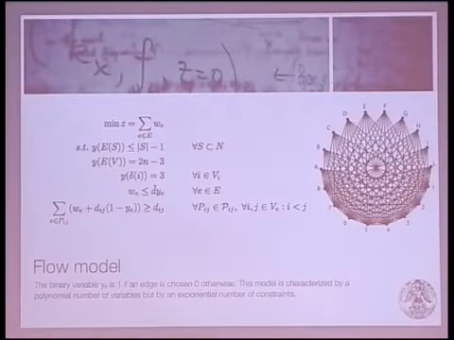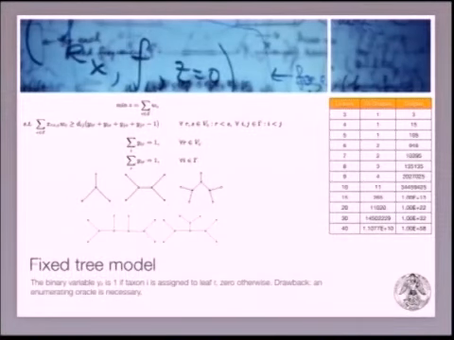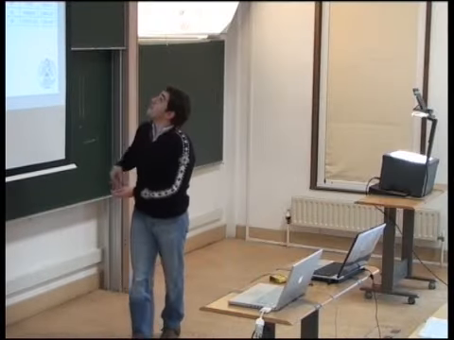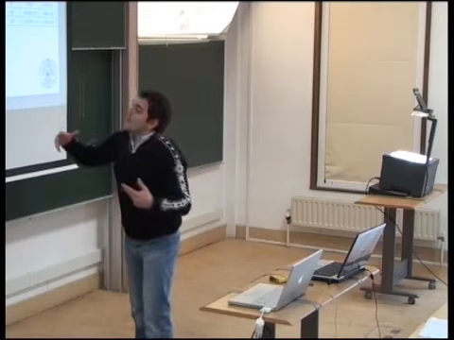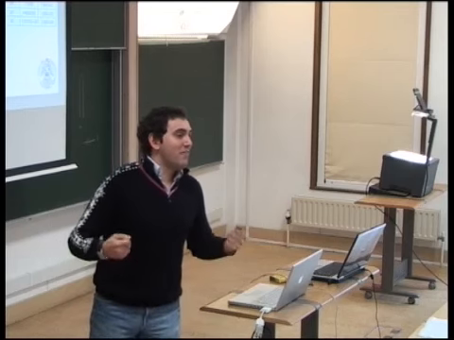Anyway, there are many other models that we can build. For example, a flow-based model, a fixed tree model. This is interesting, for example, for people also working not only in minimum evolution but also with maximum likelihood or whatever. If you imagine that tree isomorphism is easy, we have an oracle. Graph isomorphism, we don't know where it is.